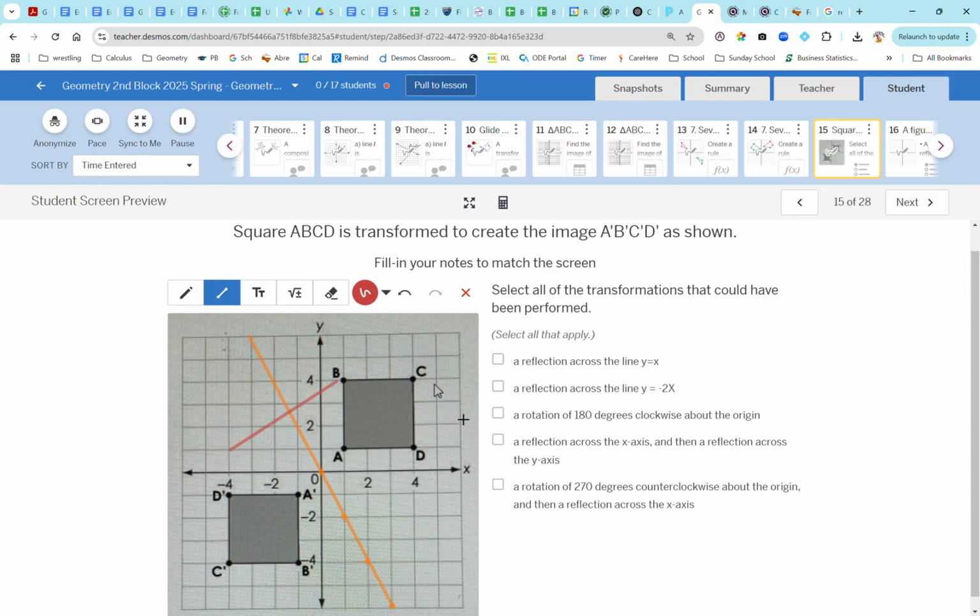Let's see if we can do this with a 180-degree rotation. The easiest way to do this is to get our patty paper. Now I can't do that with the computer as it's shown, but we can do our patty paper, sketch this, and then remember, rotate 90 degrees. That will get us right to here. That's where our y-axis goes to our x-axis.